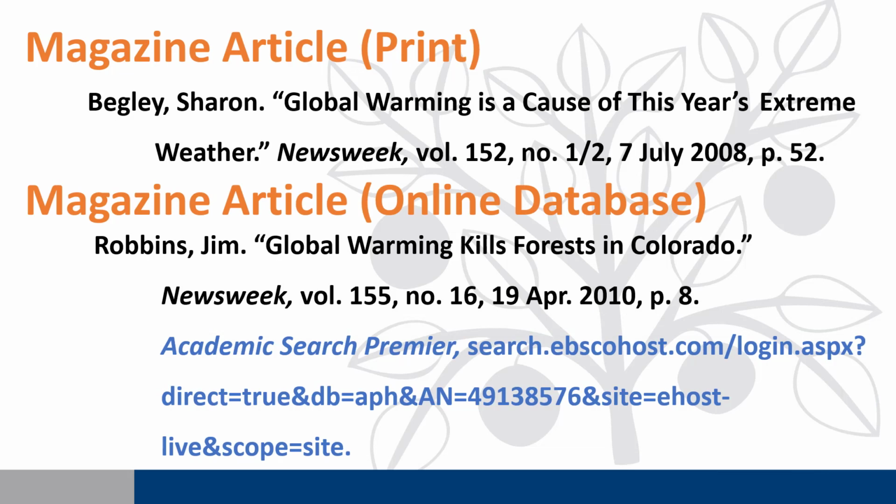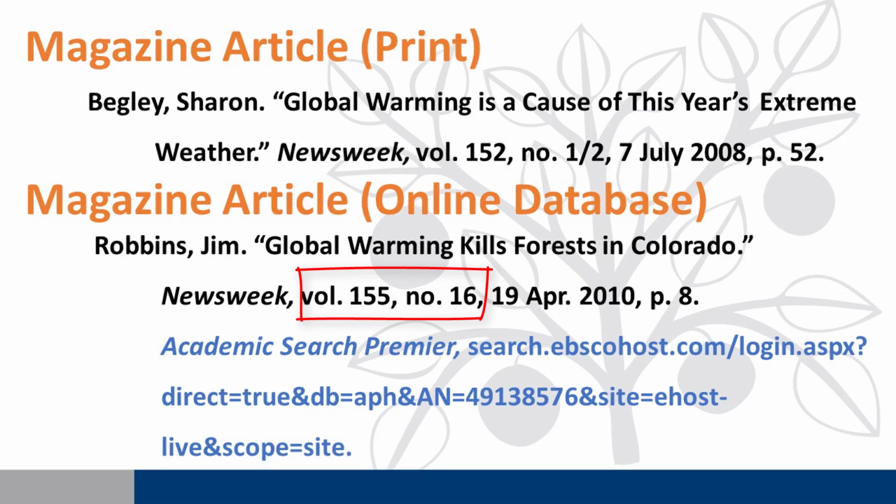Also notice something different for magazine articles that we did not see in newspaper articles before. For magazine articles, we include the volume number preceded by vol. period and the issue number preceded by no. period, followed by a comma.